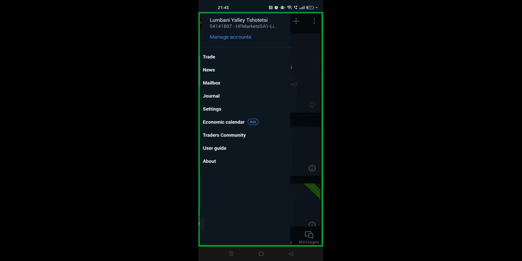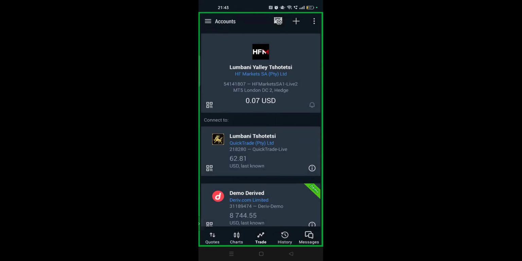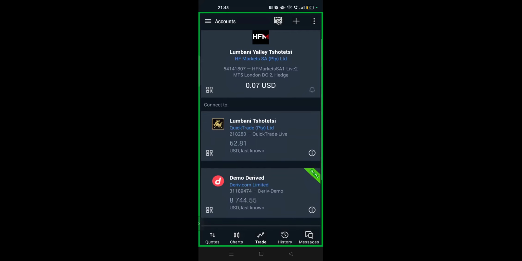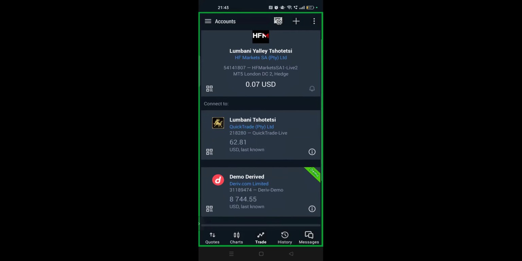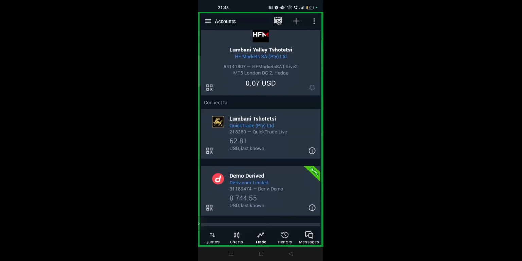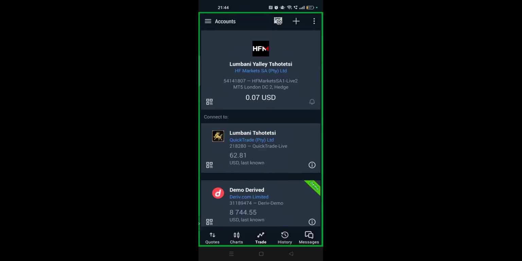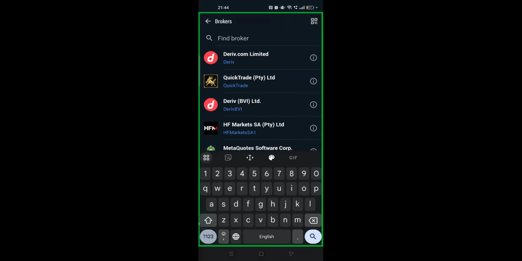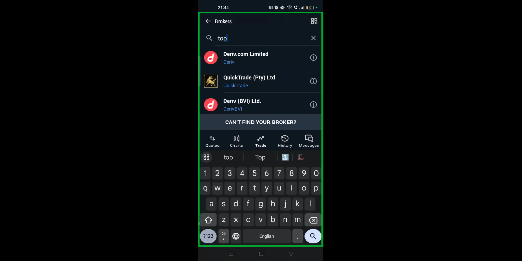You can see all the accounts you have, and you can switch between them. You can add a new account. Like you can see here, there is HFR Markets, Quick Trade, and Deriv, right? So you can add as many brokers or different accounts under one particular MetaTrader platform. How do you do that? You click on plus, find broker, and type the name of the broker. The broker will give you parameters that you need to enter, and then you can take it from there.